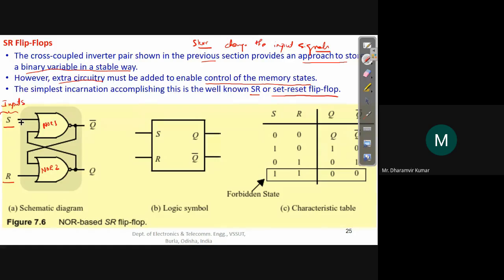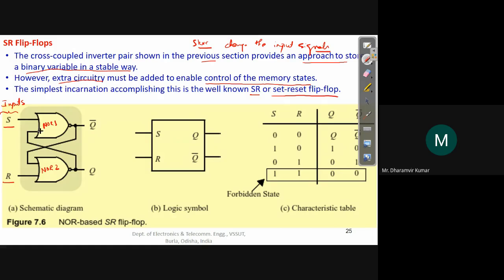We know that an inverter has just one input and one output. We cannot have more than one input into an inverter, so it was not possible to use inverters here. Instead, what is being used here? A NOR gate, because in a NOR gate we can have more than one input. So it has two inputs, it's basically a NOR 2 gate, and the lower one is also a NOR 2 gate.